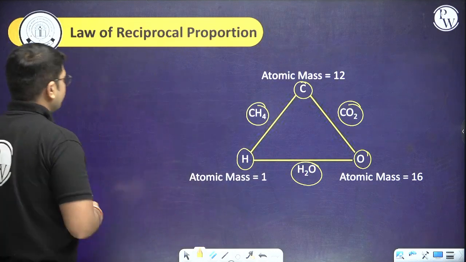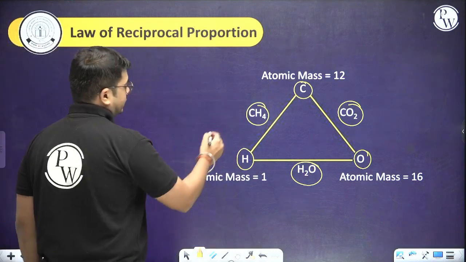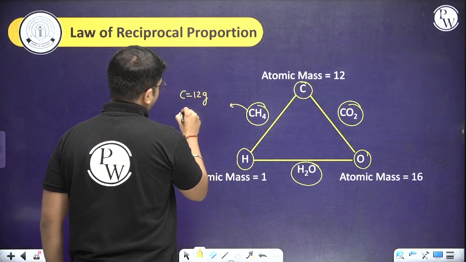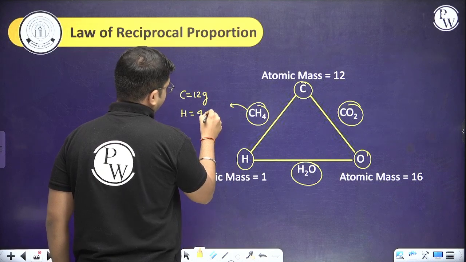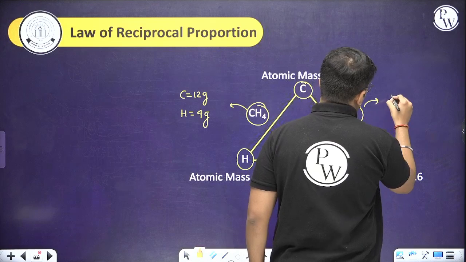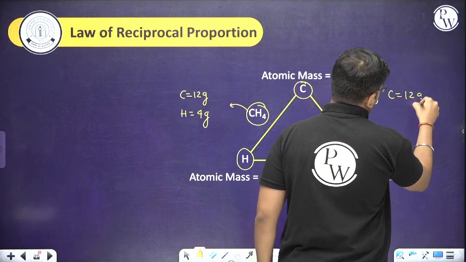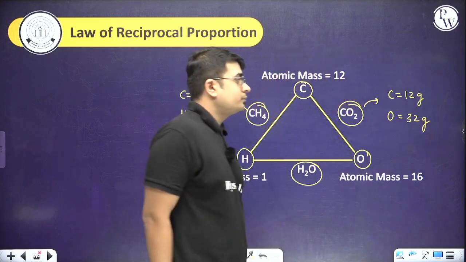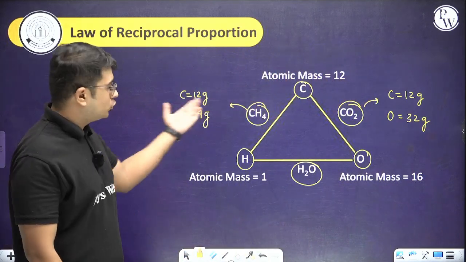For example, in case of CH4, you know that carbon will be 12 gram and hydrogen will be 4 gram, the molar mass of CH4. In case of CO2, again carbon is 12 gram and oxygen is 32 grams. So can I fix carbon because both the amounts are same?